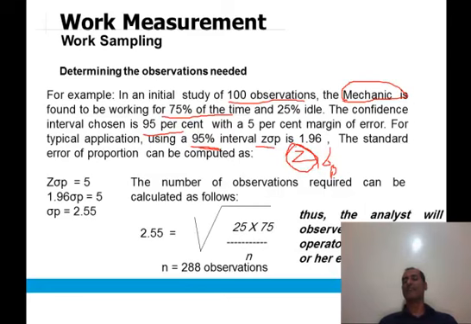The Z can be determined from the table at the confidence of 95%, which is 1.96. This is the value of Z.